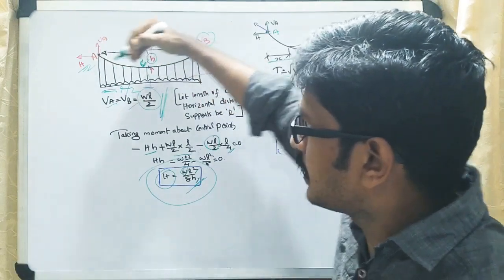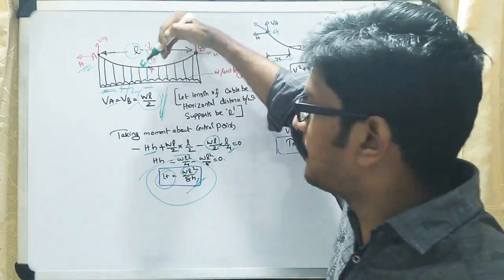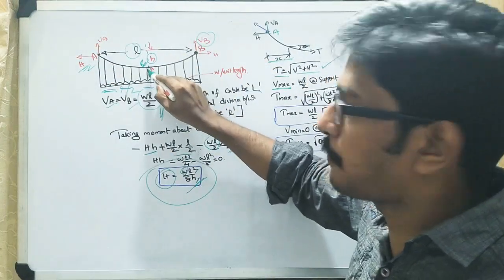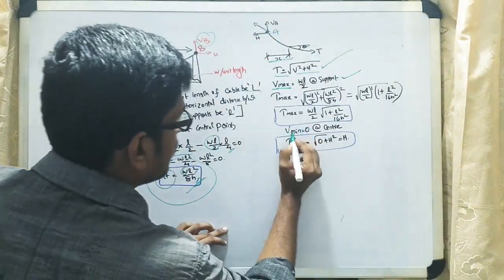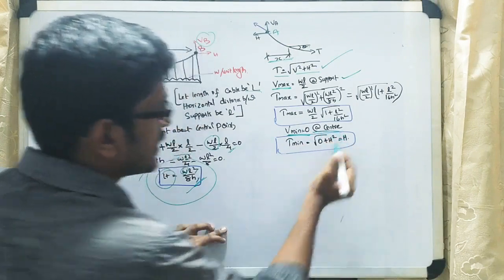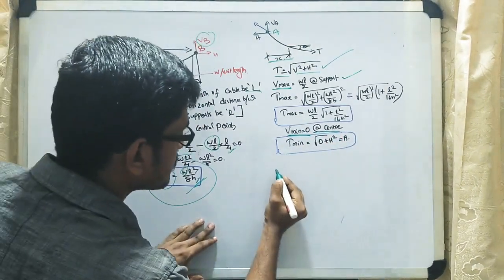As we come down, the value decreases, and at the center point the V value will be 0. That is written here: V minimum equals 0 at the center.